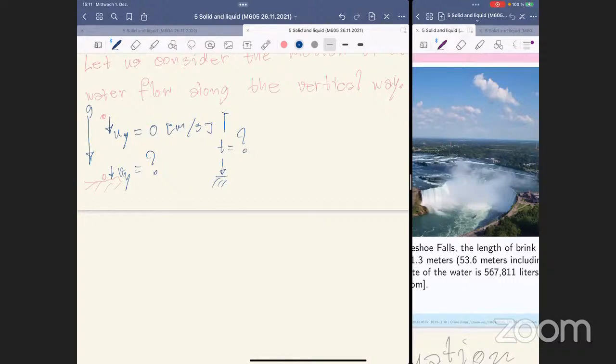Yes, you have in the first year of your high school, V equal U plus AT, right? You have V square equal U square plus 2AS, right? And you have another one, which is S equal UT plus 1 by 2 AT square, right? Those are basic formulas regarding the motion, right?